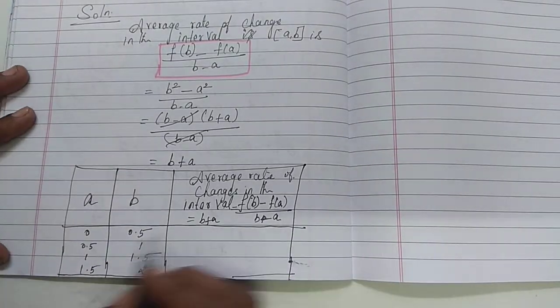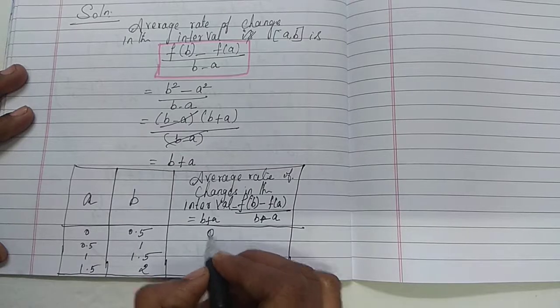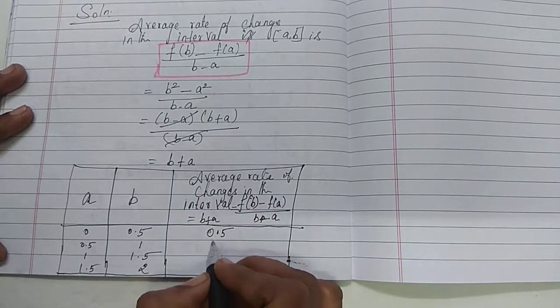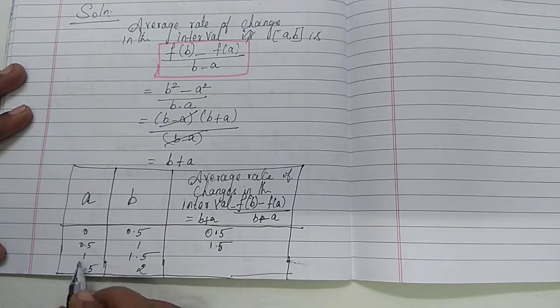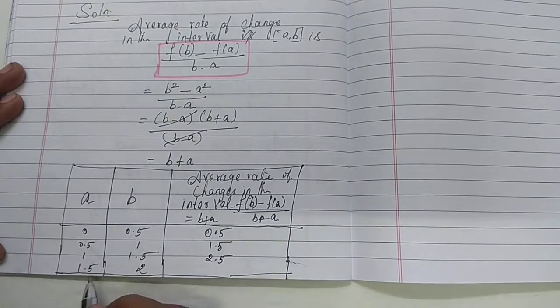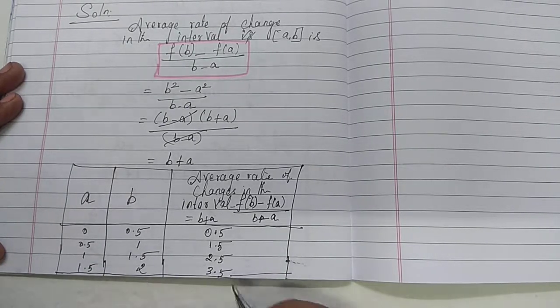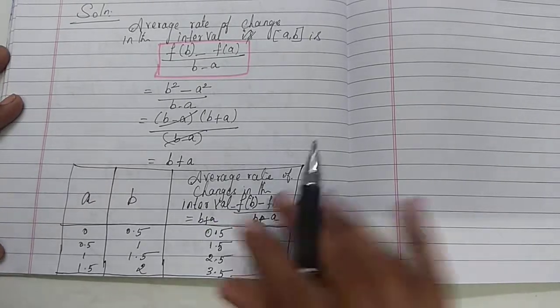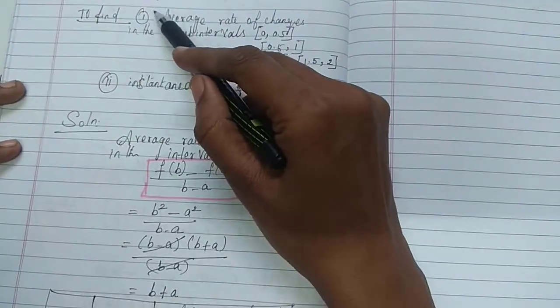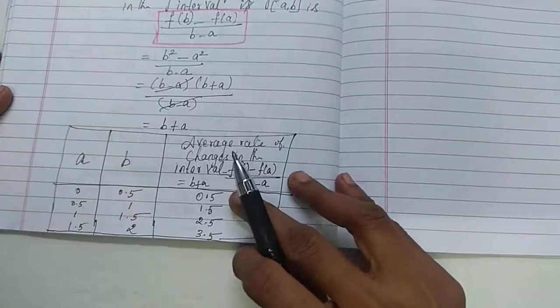So b plus a, just add these two, that is equal to 0.5. 0.5 plus 1 is 1.5. 1 plus 1.5 is 2.5. 1.5 plus 2 is 3.5. This tabular column is the answer for question number 1.